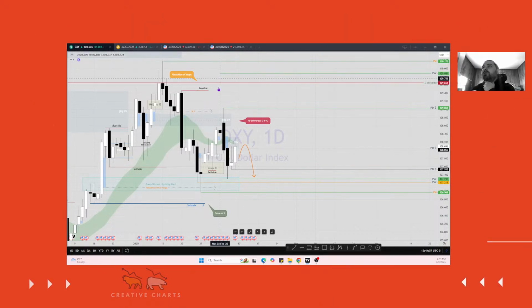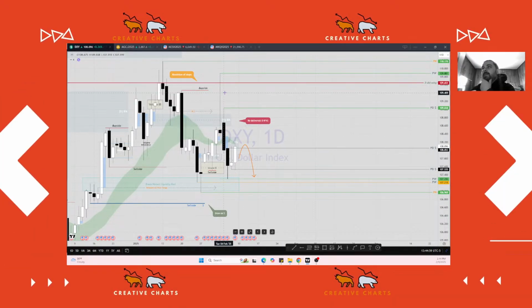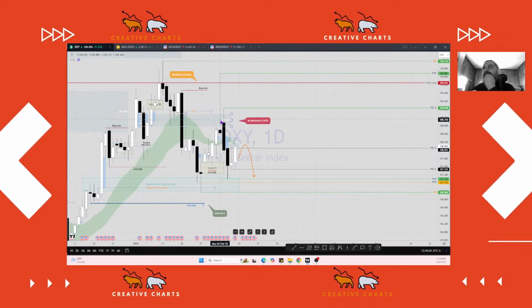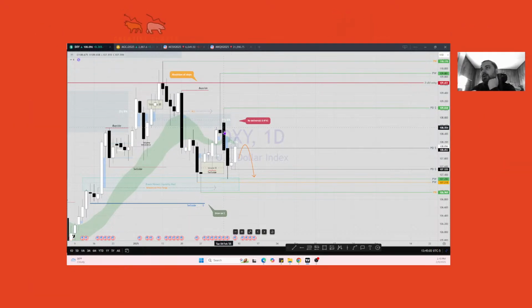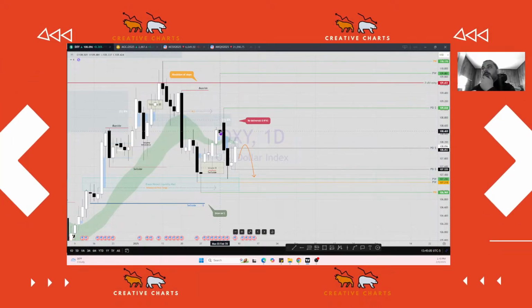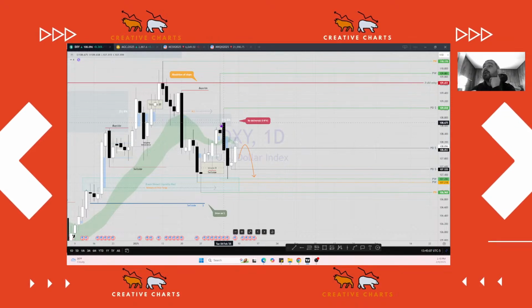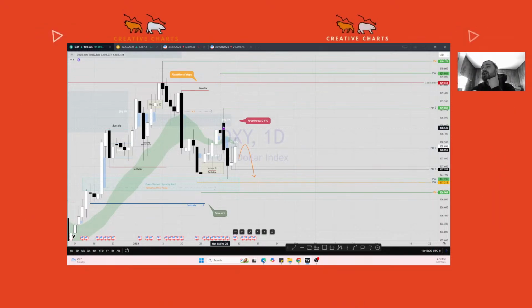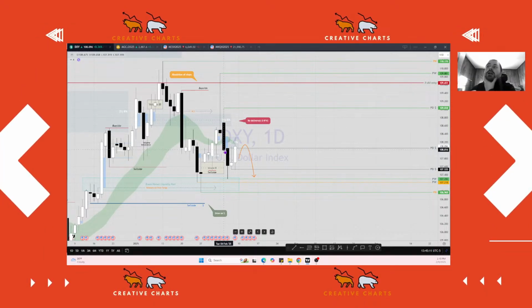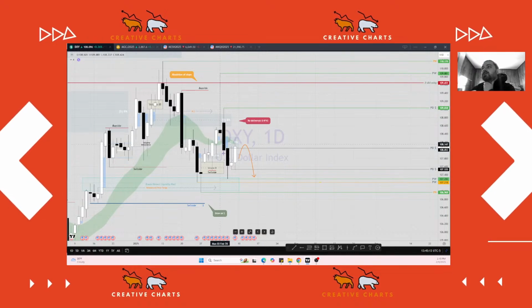And you have this huge wick, premium wick. Next candle printed. It actually opened above, so it gapped up on the next daily open and pushed down with this big impulsive candle.